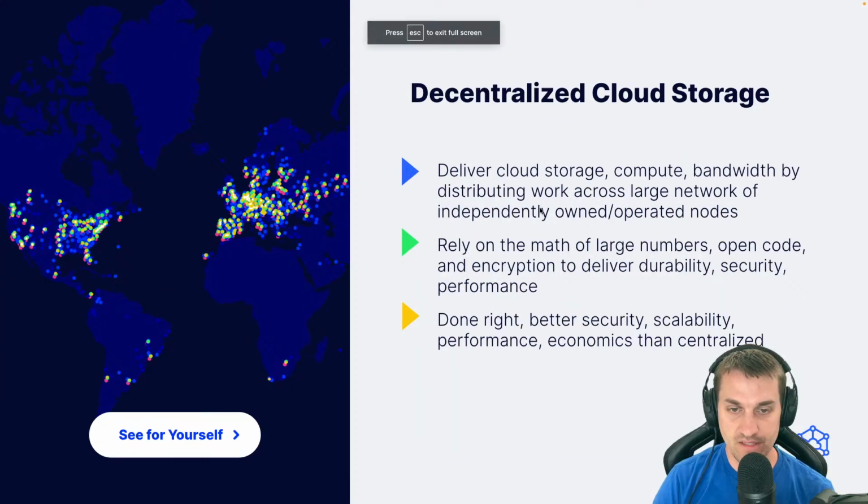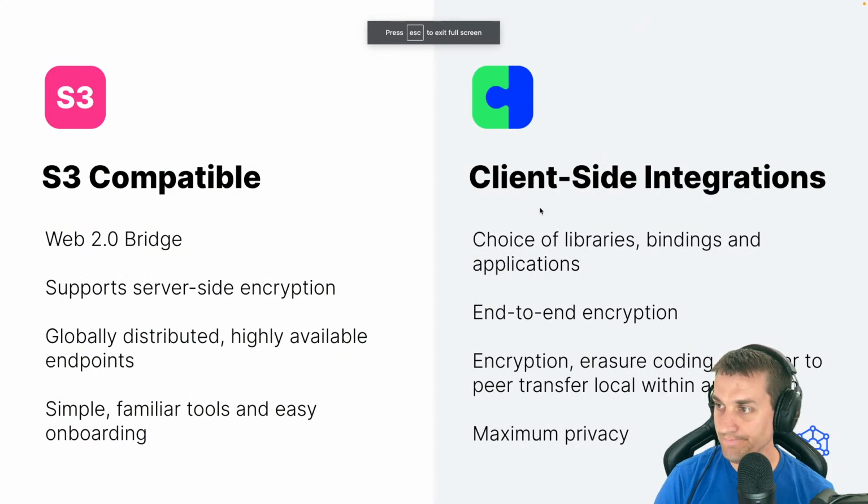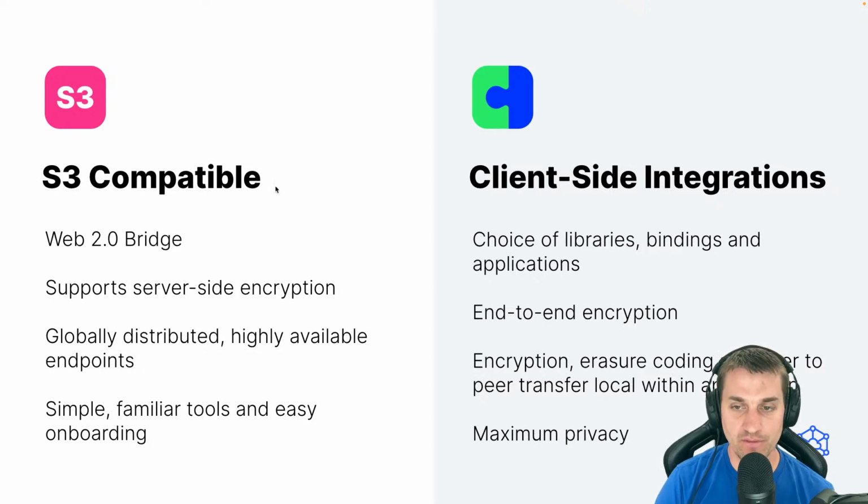So just to recap on some of the things we talked about: how you can use the Web2 bridge, which is S3 compatible, very familiar tooling for existing products that many developers have used. It supports server-side encryption.